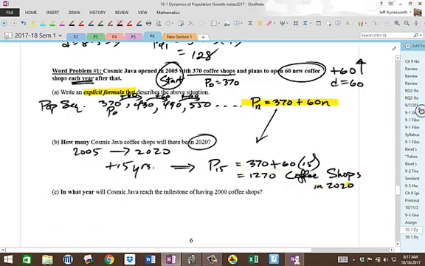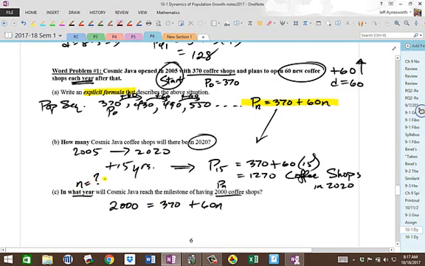Okay, and then what year will they reach 2,000 coffee shops? That's your P sub n value. So after how many years will it reach 2,000? So 370 plus 60 times n. n is the number of years here. So when we say what year, n equals what, right?